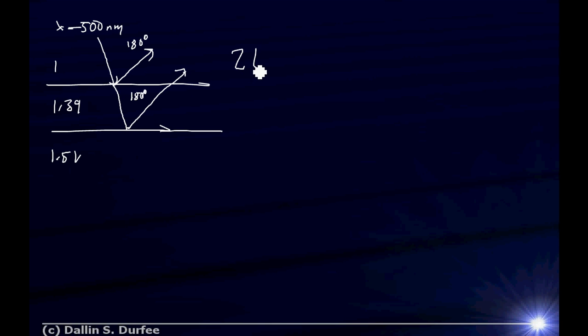So 2 times t is equal to an integer plus 1/2 times the wavelength, and again we want the wavelength in the medium, so divided by n, where n is going to be the index of refraction of the magnesium fluoride.